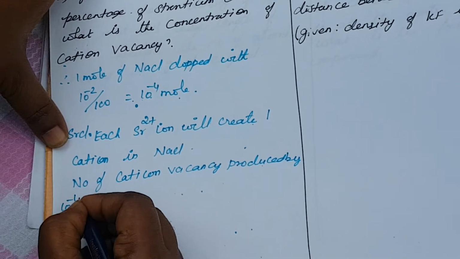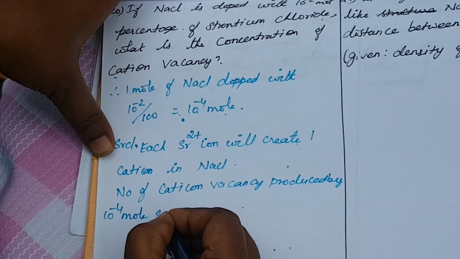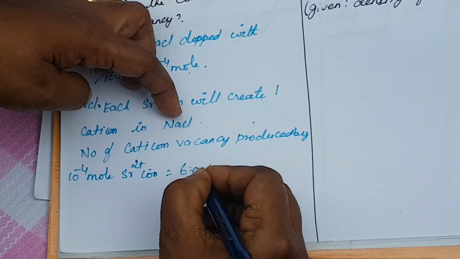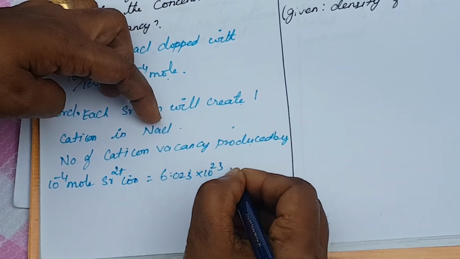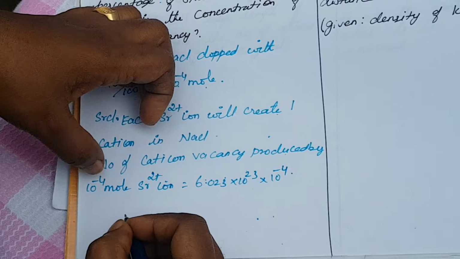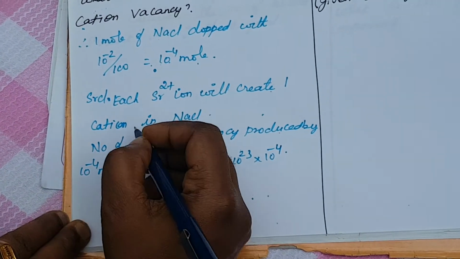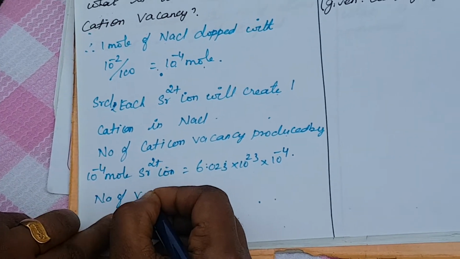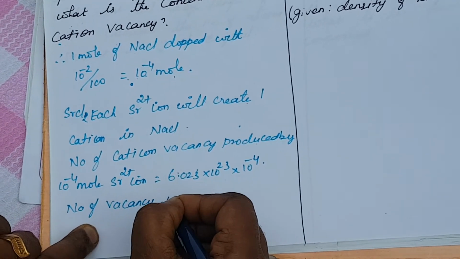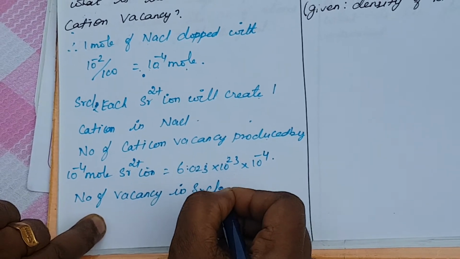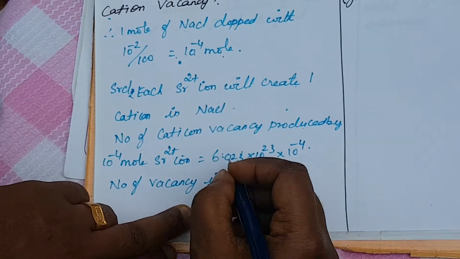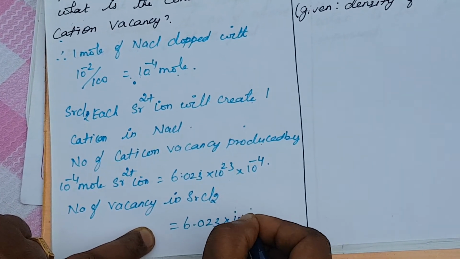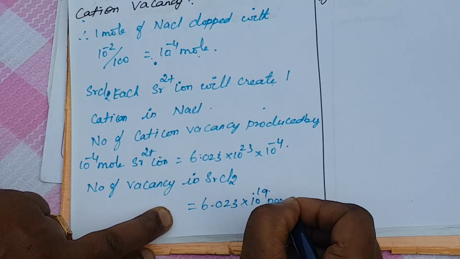That is 10 power minus 4 mole of strontium 2 plus ion. 1 mole is 6.023 into 10 power 23, into 10 power minus 4 mole. So simplify that, multiply all those values, 6.023 into 10 power 19 per mole.